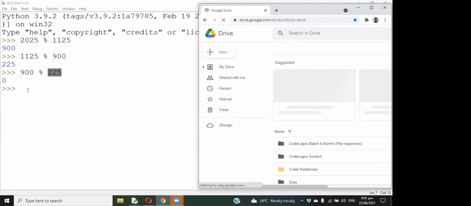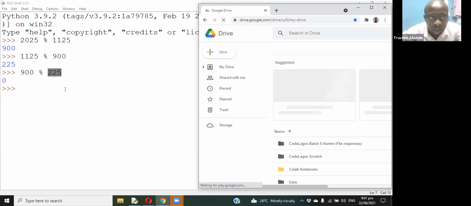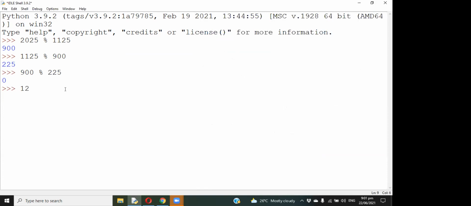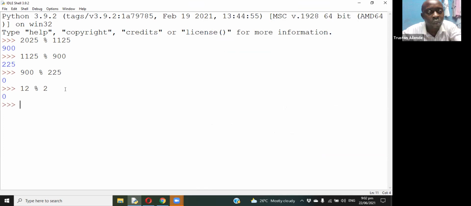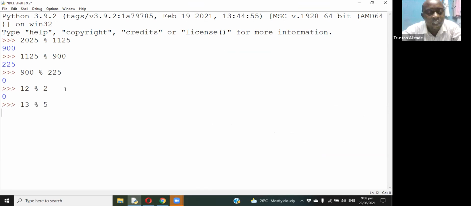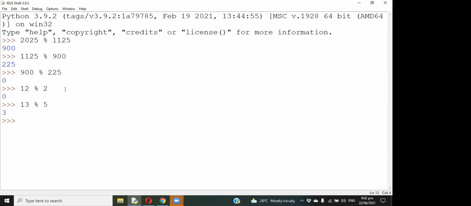Okay, let's start easy. 12 modulus 2 is equal to what? 0. 12 modulus 2 is 6 remainder 0. Okay, 13 modulus 5 is what? It's 2 whole number remainder 3. Yeah, 3. Do you understand? Yeah, I understand now.